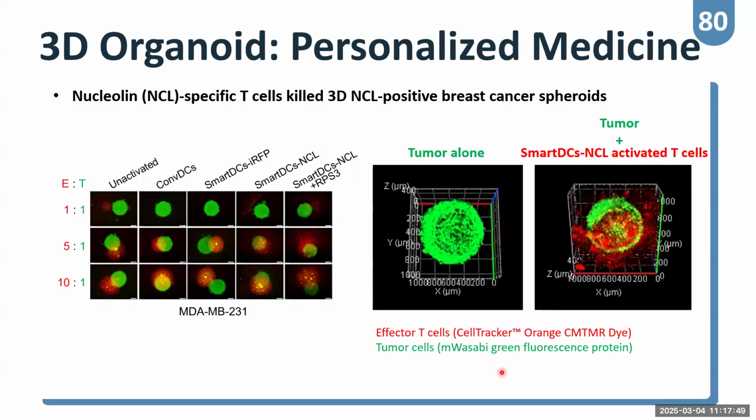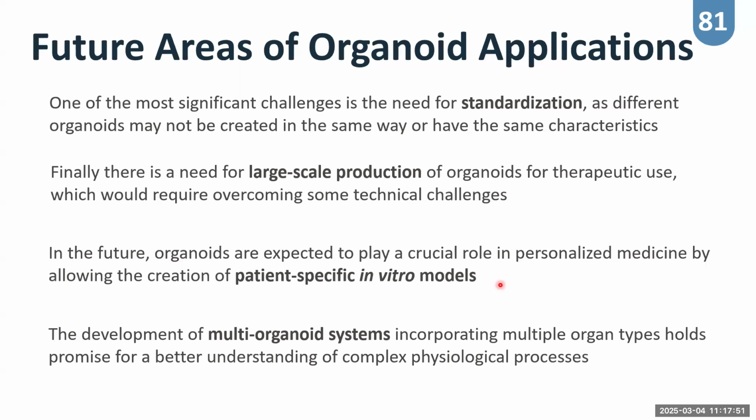Okay, this is my point. I will end with the future area of organoid applications. As I mentioned to you, all of us now try to hold a conference to include all research about organoids, and we try to set a standard method to produce organoids in the same way.